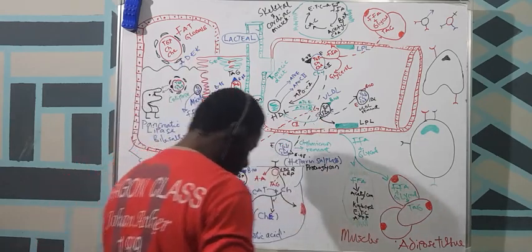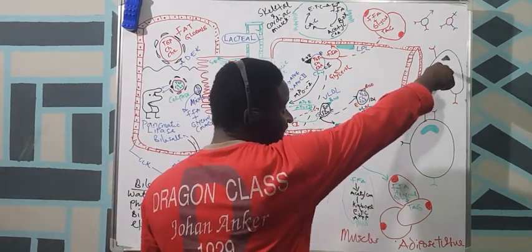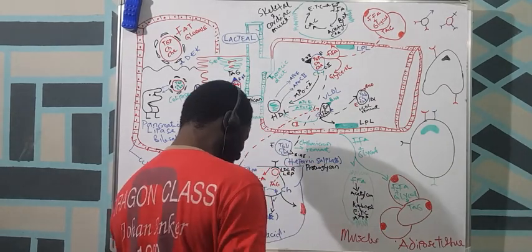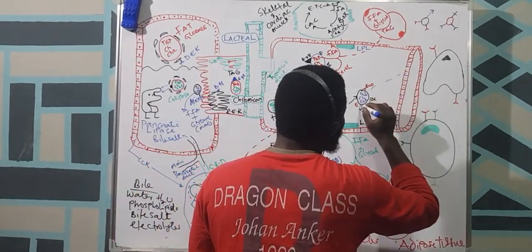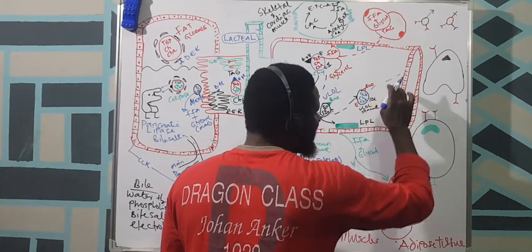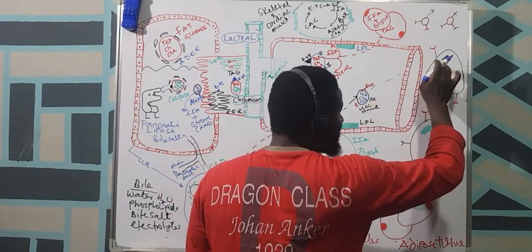What is the first peripheral tissue? It's the adrenal cortex. So it can come here. So ApoE can come here and bind to this.